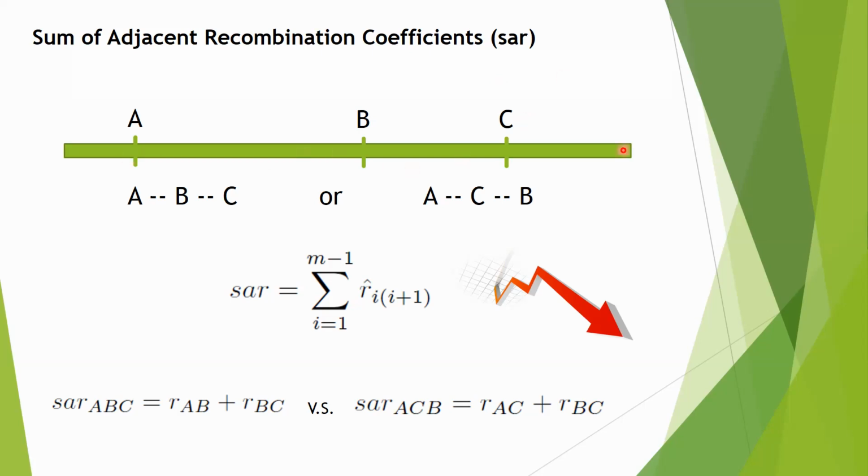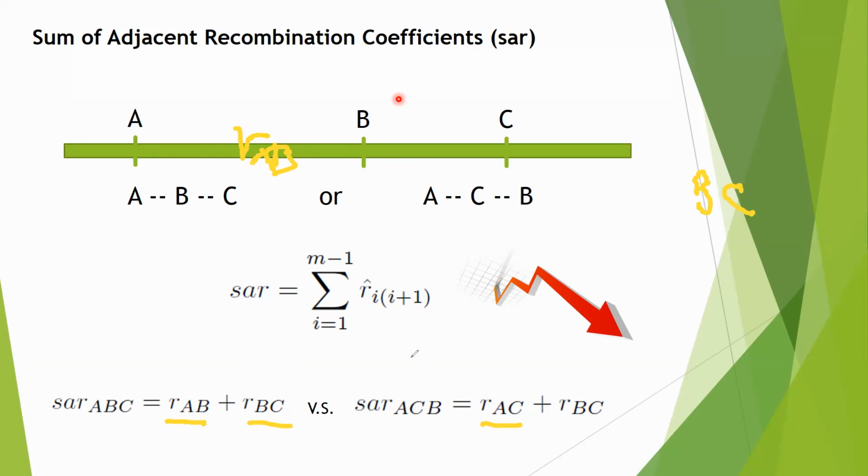So what we can do is perform, let's say, a backcross design, and we can get RAB, which is the distance between A and B. We can get RBC, and we can also get RAC, right?